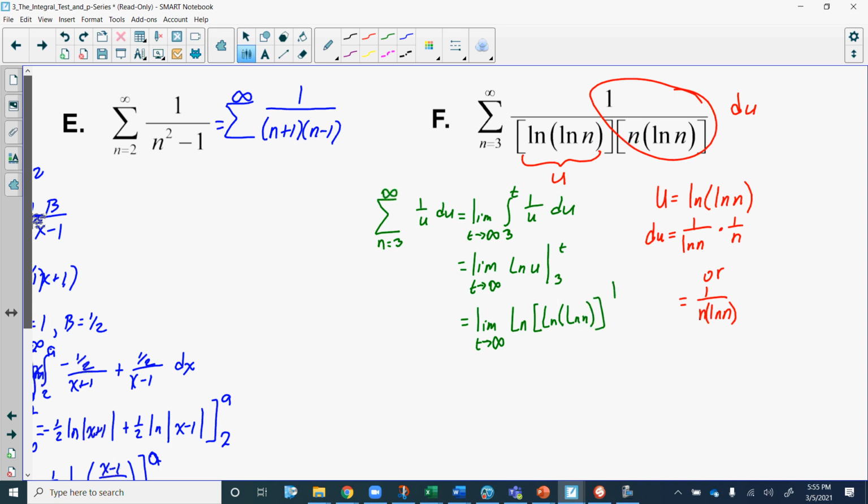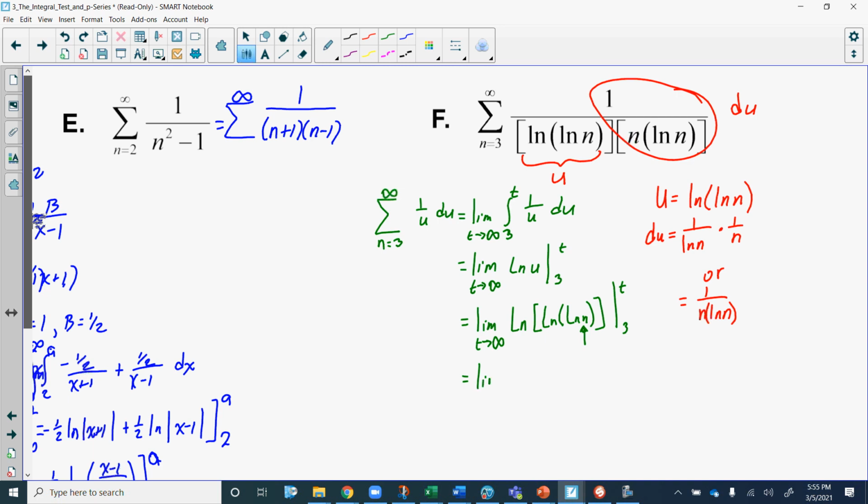And we're still going from 3 to t. Now let's plug in our value for t wherever we have our n term. The only place it's really going to get substituted is right there. Too many n's in this problem.